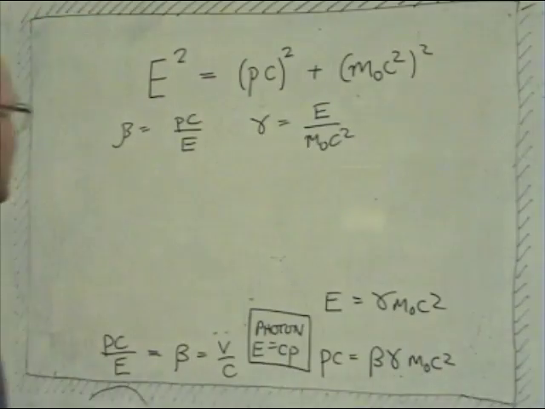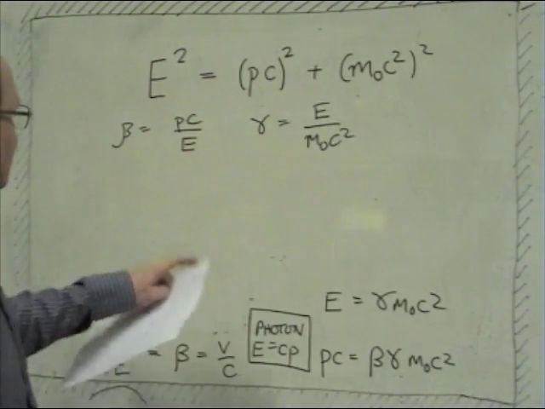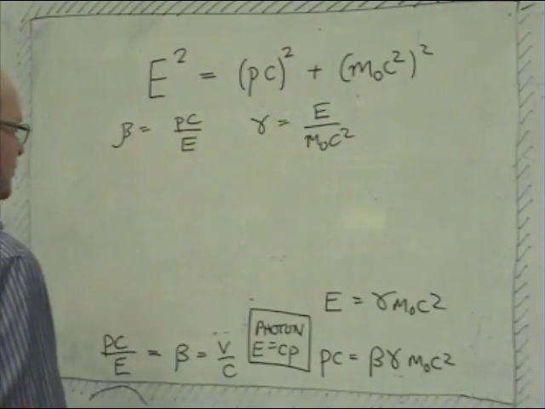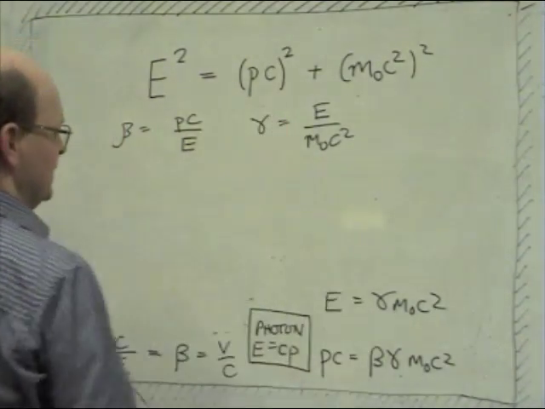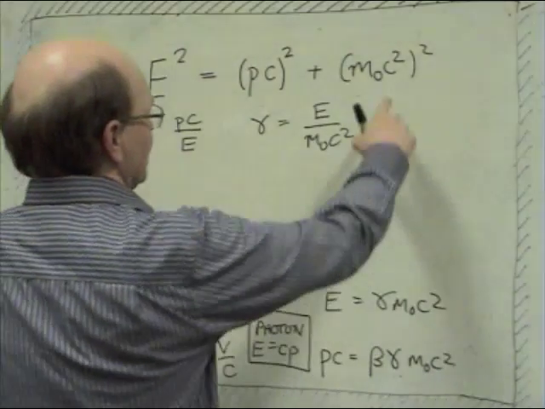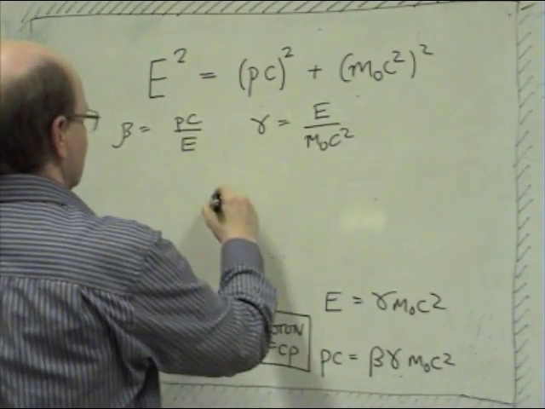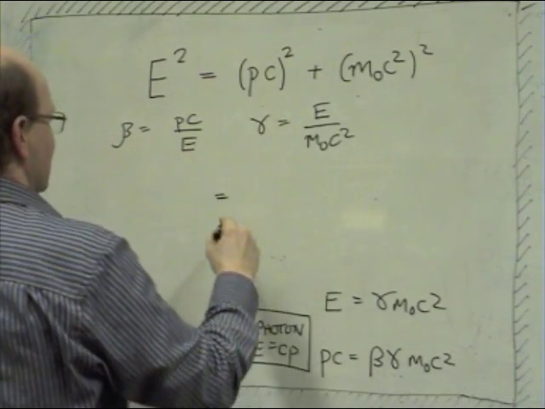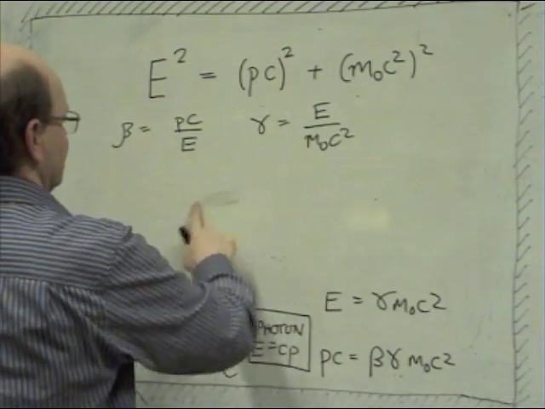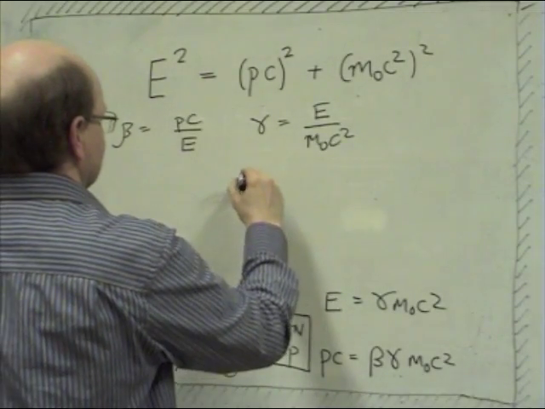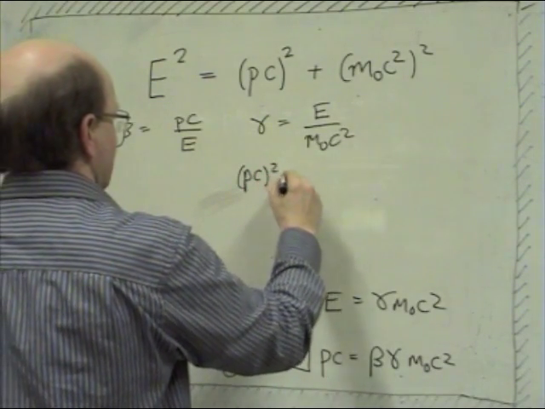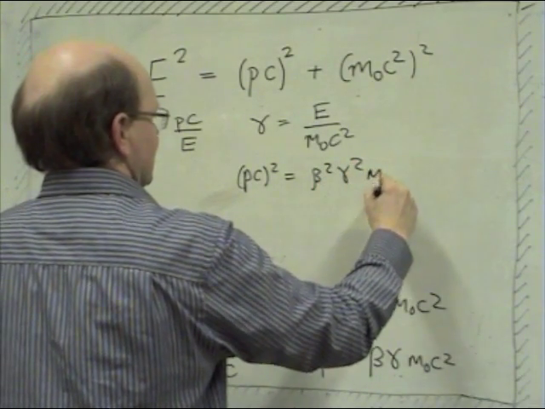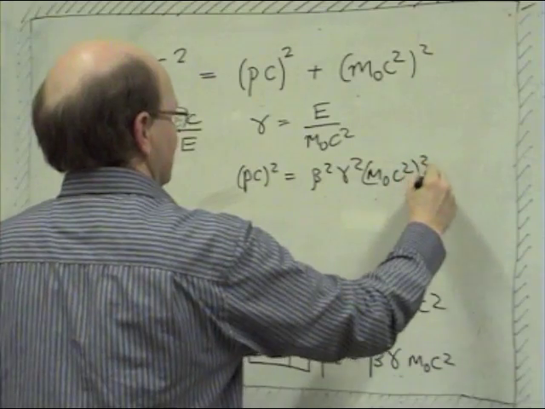Okay? Finally, let's show that these expressions give rise to the energy momentum mass relation. So if we take the square of pc and add it to the square of m c squared, we're going to write p squared c squared as beta squared gamma squared m naught c squared squared.